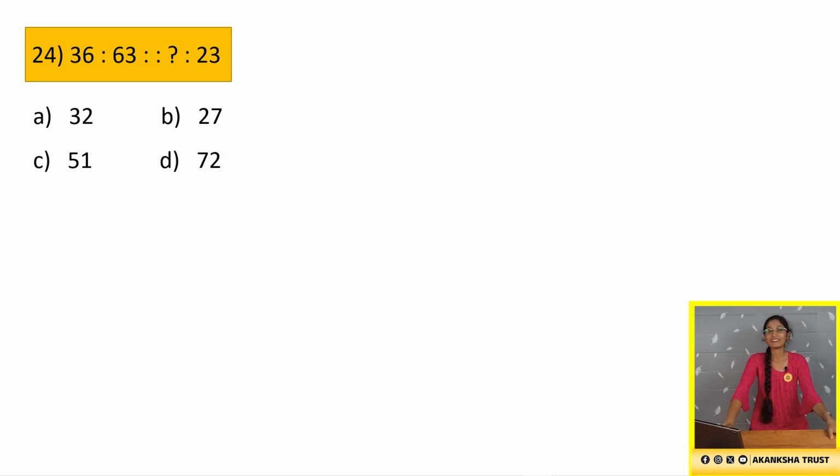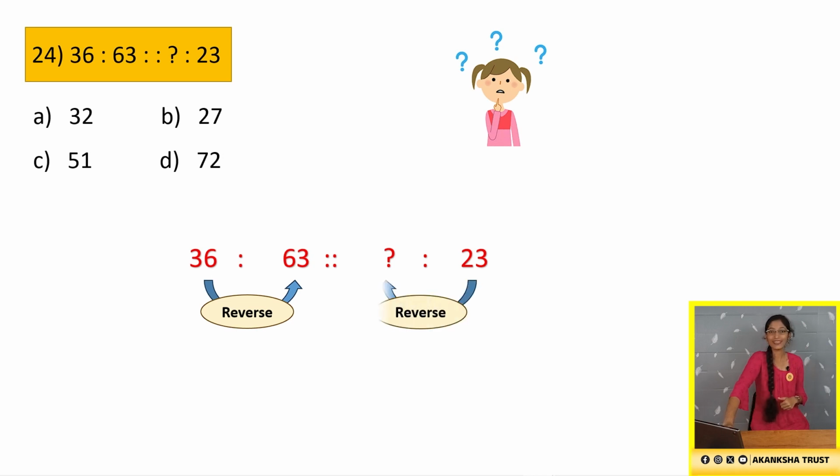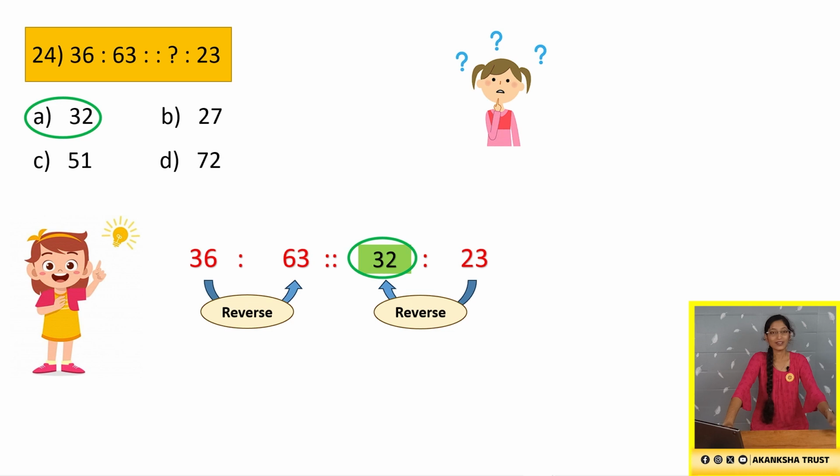So you can guess the next number in the question mark also. If you read 36 in reverse order, you'll get 63. So the reverse order of 23 is 32, which is in option A. So there's no need of explaining it again. So 32 is our required answer.